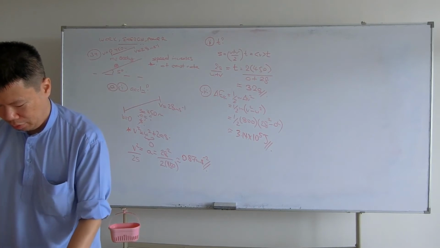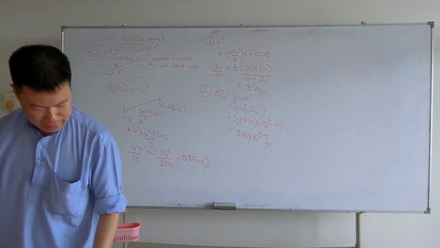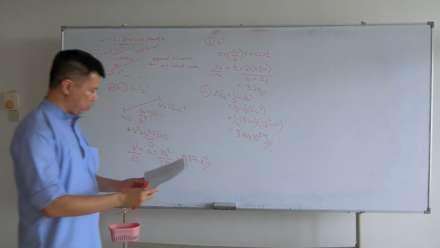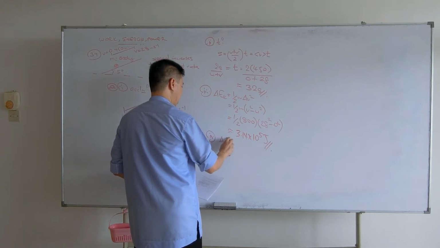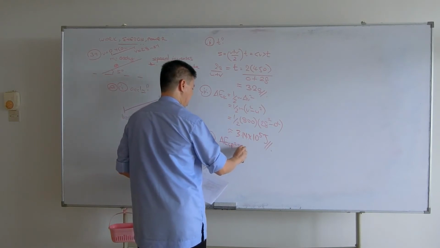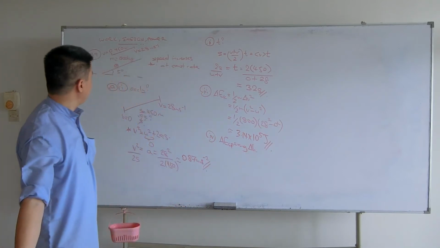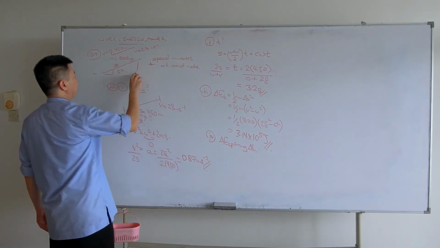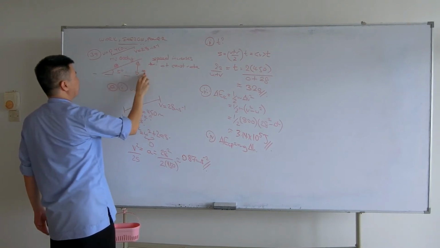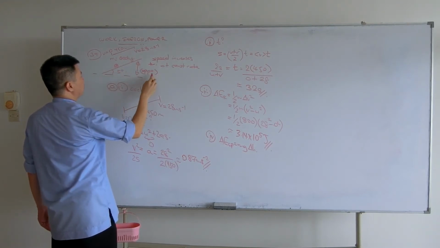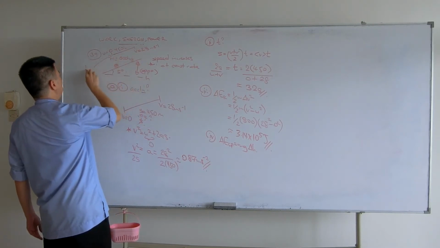Then we move on to the next question: the gain in gravitational potential energy, delta EGP equal to mg delta h. So we need to find the height in this question. We have a right-angle triangle. This is your opposite, which is your height, and 450 meters is actually your hypotenuse.